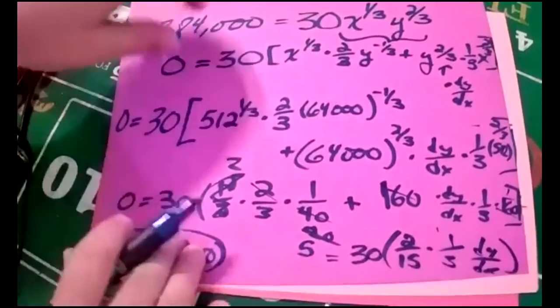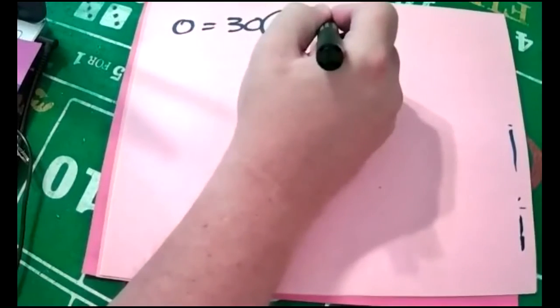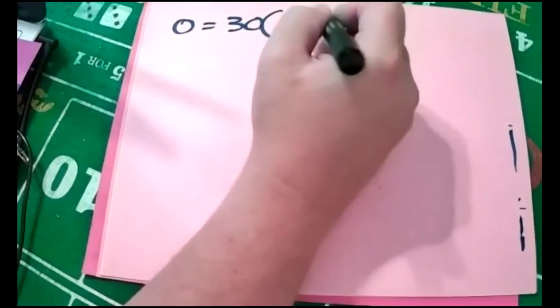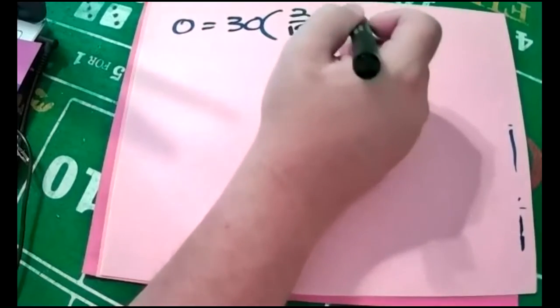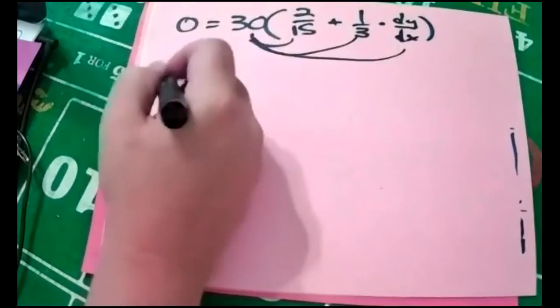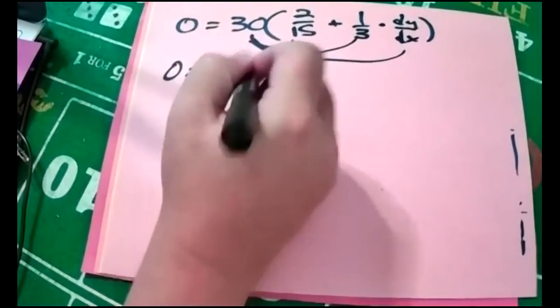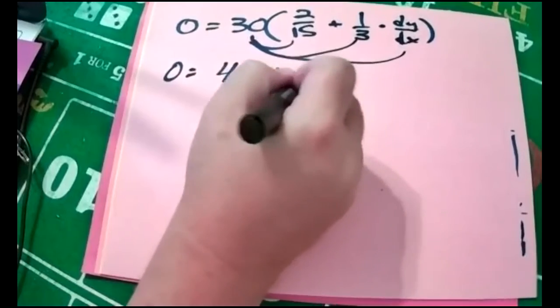Taking that answer, we would have 0 equals 30 times 2 over 15 plus 1/3 times dy dx. Using the distributive property, you can distribute 30 through, and you'll wind up with 0 equals 4 plus 10 dy dx.